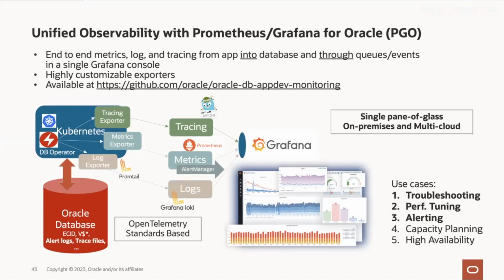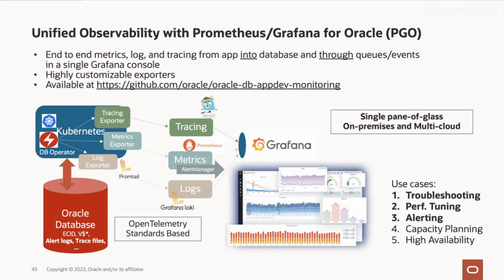Like TxEventQ monitoring, wider database metrics are exported and aggregated into Prometheus. In addition, database logs are collected using the Promtail exporter into Grafana Loki, which is like Prometheus for log data, and Jaeger for distributed tracing.